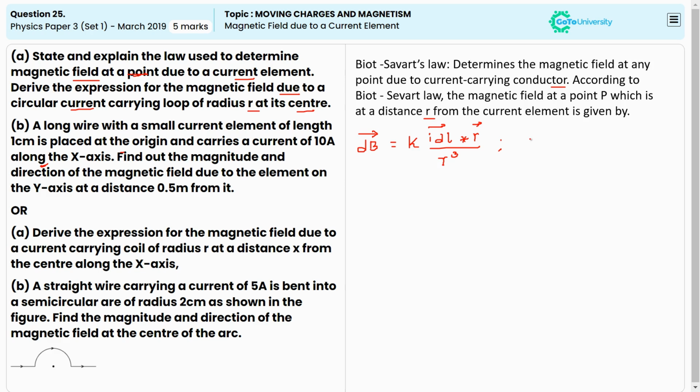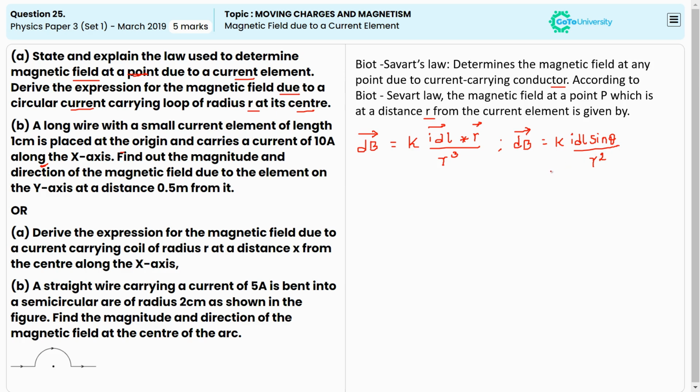We can write this as, again, dB vector is equal to K times I dl sin theta, then r will get cancelled, so it becomes r square.